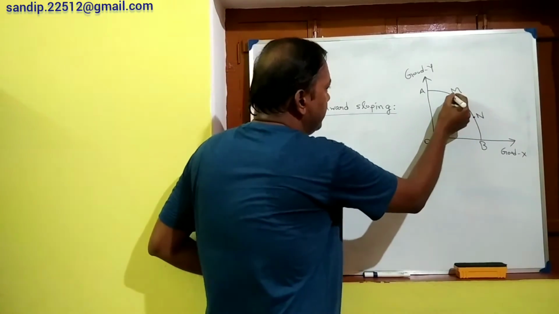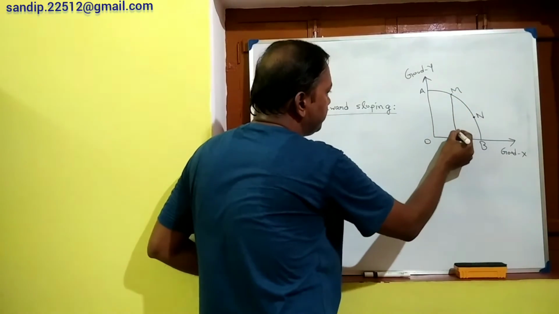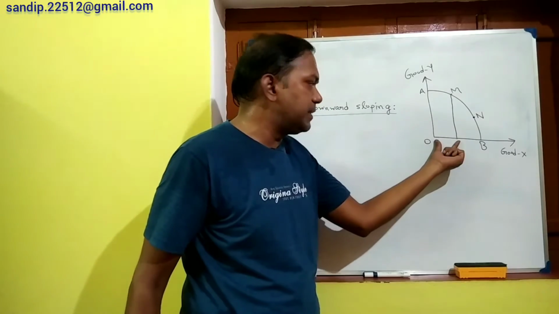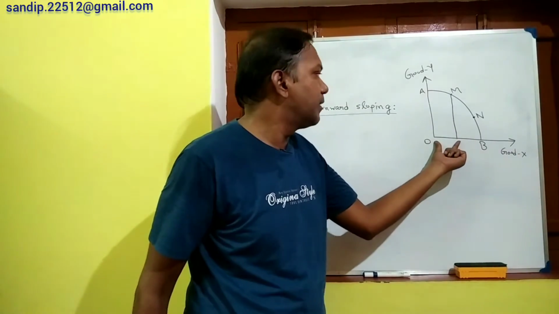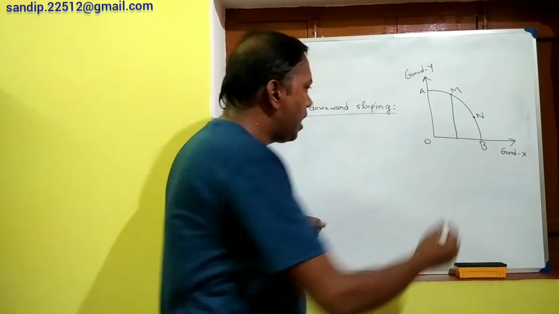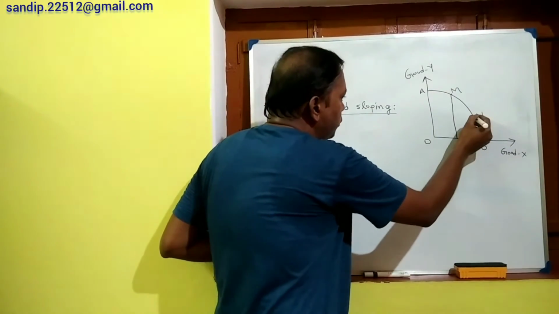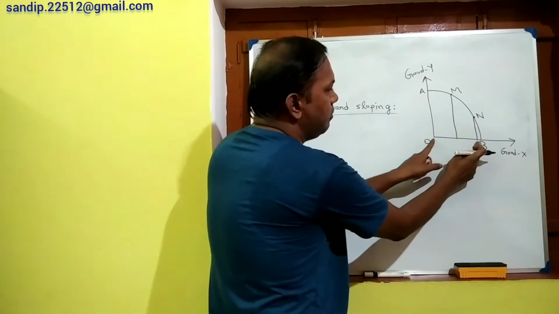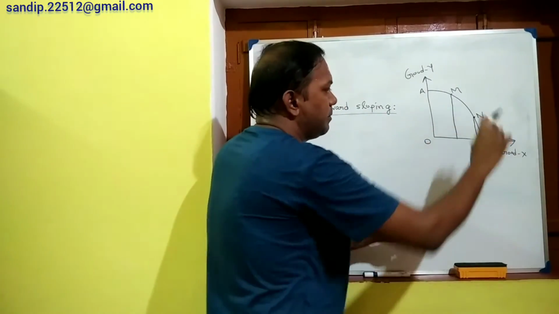At this commodity bundle, initially the producer used to produce this much amount of good X and this much amount of good Y. Now if he moves to N, he is producing this much amount of good X and this much amount of good Y.